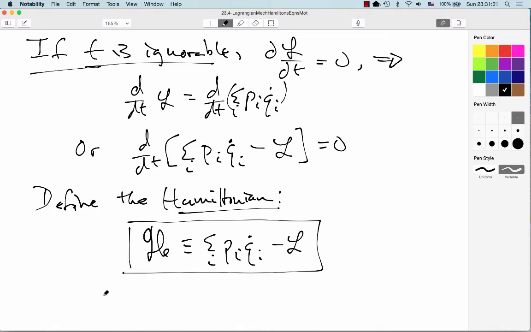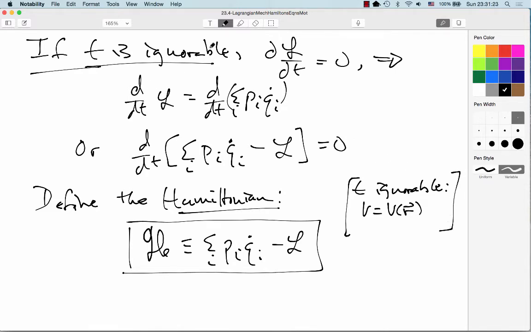So if t is ignorable, and this happens a lot, one example of t being ignorable, just a little sidebar here, would be if the potential V is just a function of position.